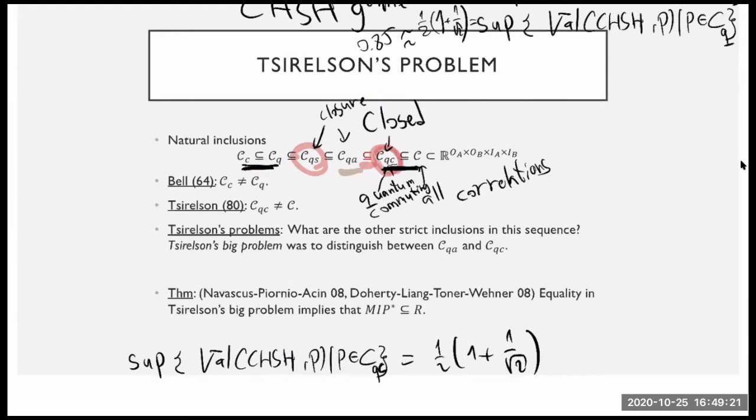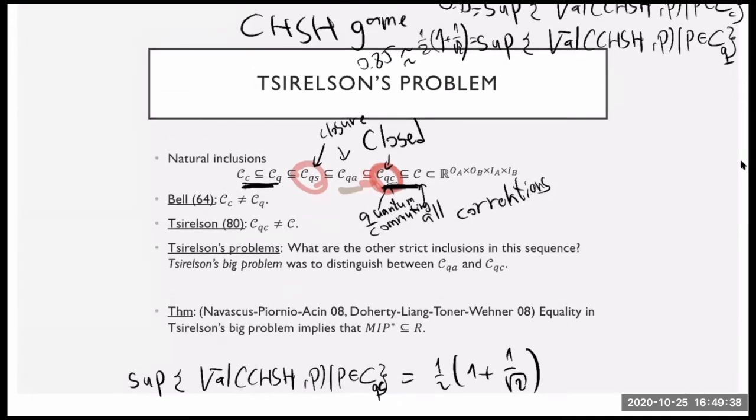Yeah, exactly. If CQC is closed, and you are included there, then your closure is also included there. Right. So I'm just saying that the red inclusion is a consequence of the fact that CQC is closed, and we will prove it at some point. Okay, thank you. You're welcome.